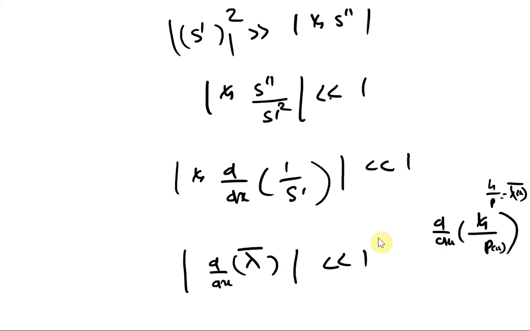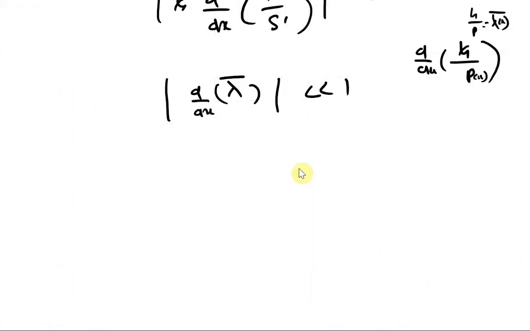So this is the condition that we obtain for the validity of this approximation scheme: d by dx of lambda bar is really small, smaller than 1.